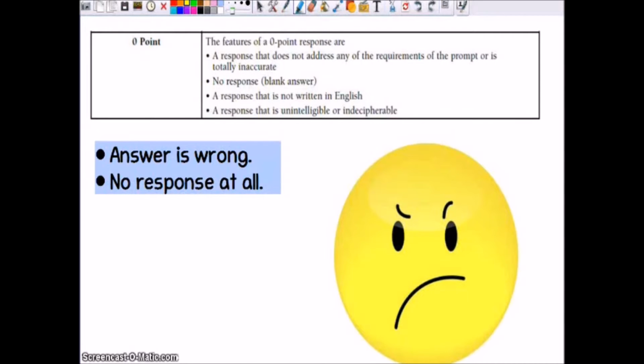If you write your response in a language other than English, you're going to get a 0. And if your response is completely unintelligible or indecipherable. So handwriting could play a part in this. If you write something that the scorer can't read, and if it's unintelligible because your English is so poor that the sentences just don't make any sense.